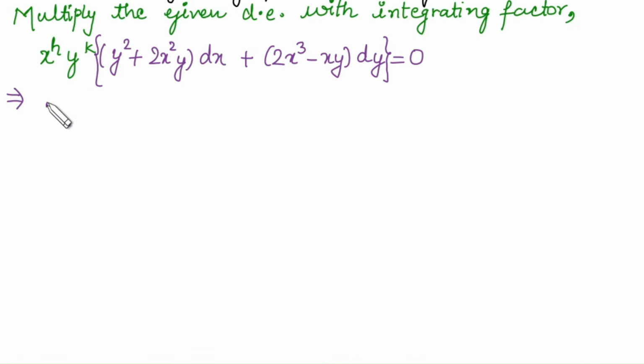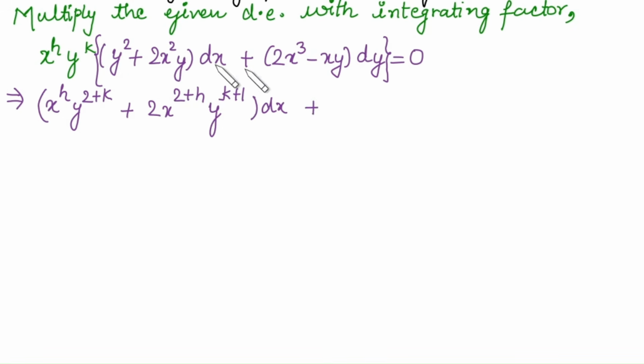In the next step, multiply this integrating factor with the original differential equation and further simplify this. This is equal to x raised to power h, y raised to power 2 plus k plus 2 into x raised to power 2 plus h, because the base is same, we can add the power, y raised to power k plus 1 into dx plus 2 into x raised to power 3 plus h, y raised to power k minus x raised to power h plus 1, y raised to power k plus 1 into dy is equal to 0.